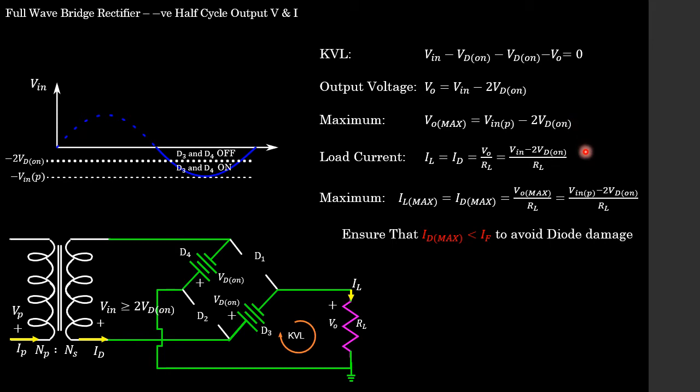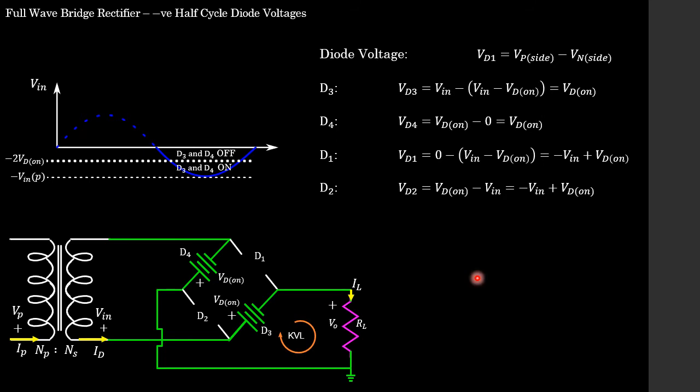Same thing with our load current, exactly the same expressions. And of course, students, ensure that the max current that we see is less than this diode forward current to avoid any diode damage.